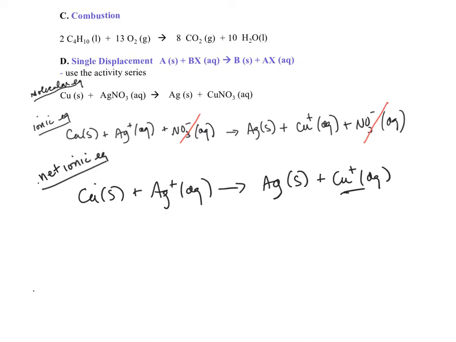So in other words, the electron will move from the copper to the silver plus so that the more stable copper plus ion will form. So that's the activity series, and you would have that available to you when you're taking a quiz or a test or doing your Sapling homework.